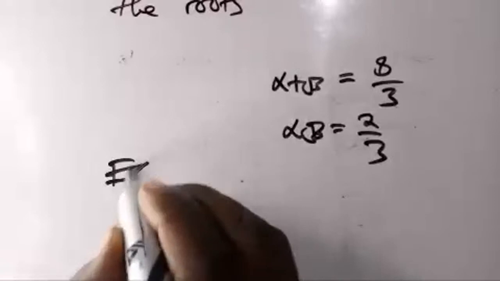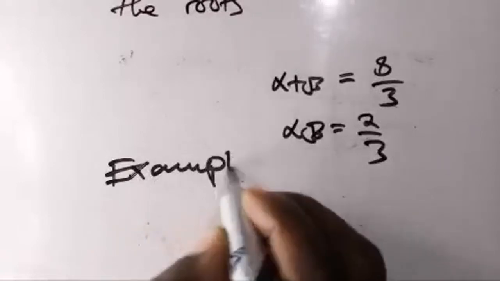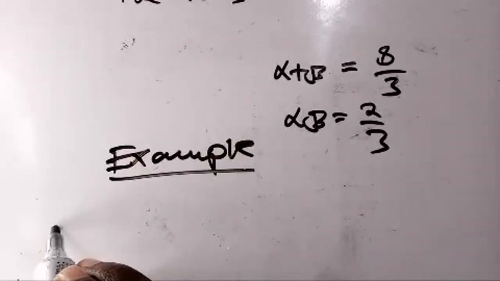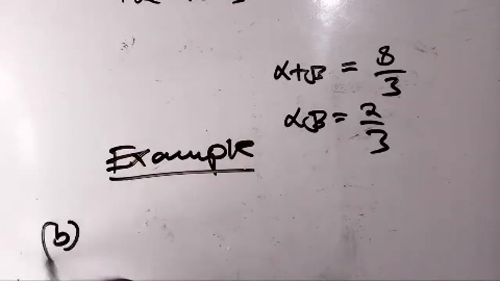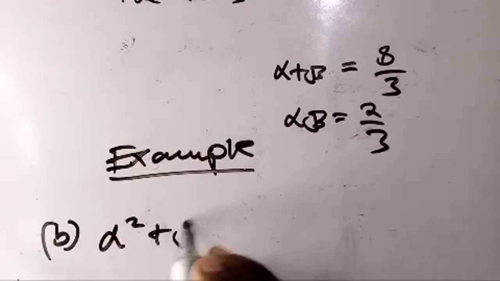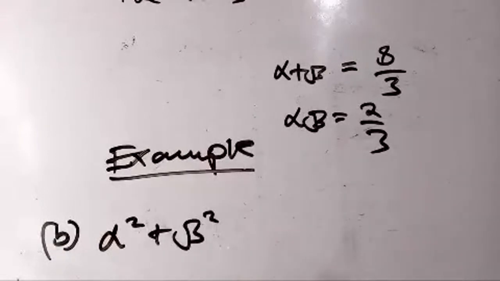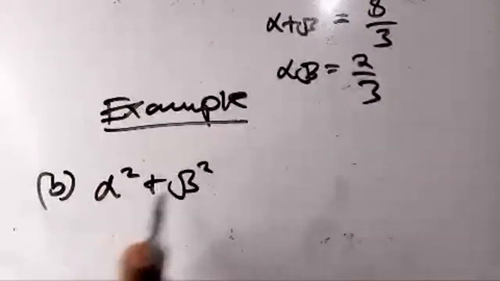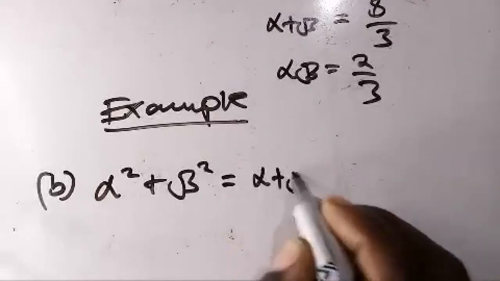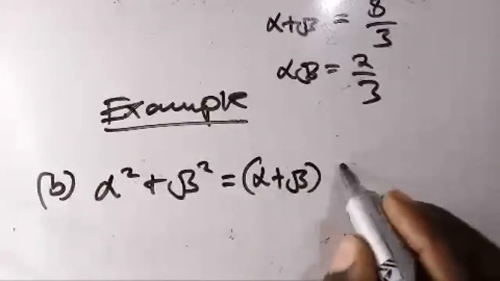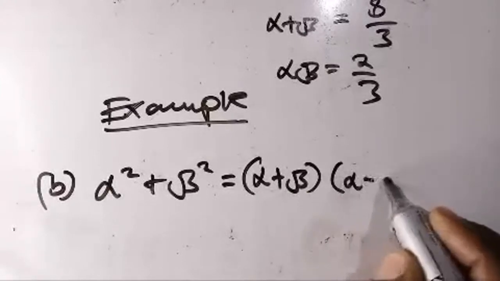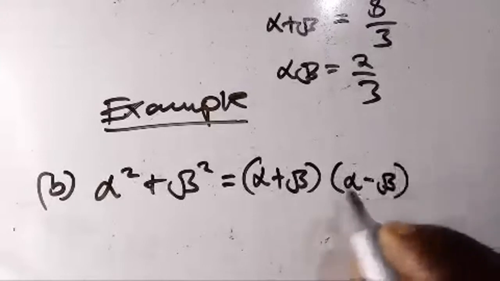This is example 2, which is B. If you have alpha squared plus beta squared. If you can see, this is a difference of two squares, in which we're going to say it will be alpha plus beta in the bracket, then alpha minus beta, right?